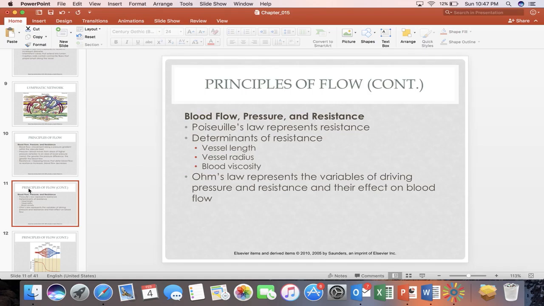The determinants of resistance, according to Poiseuille's law, are the vessel length, vessel radius, and blood viscosity. Vessel length and viscosity are constants within our body. However, the radius is the one factor that our body controls.